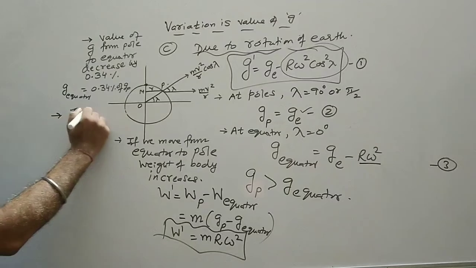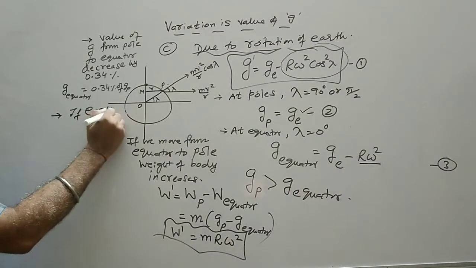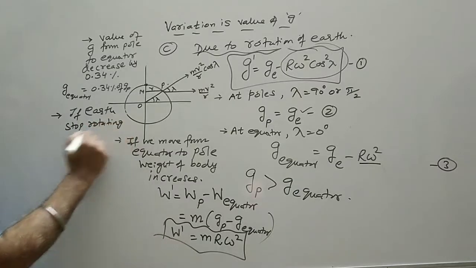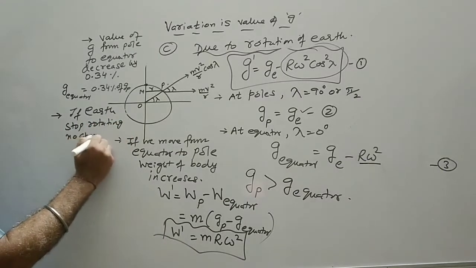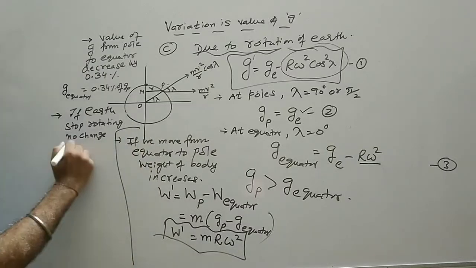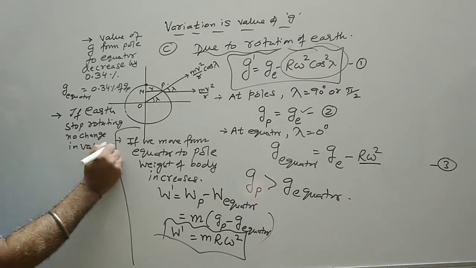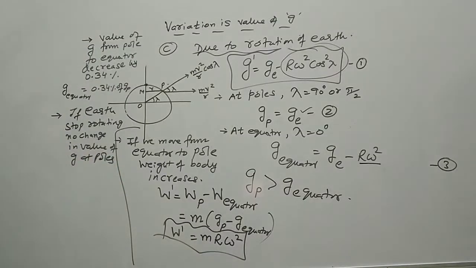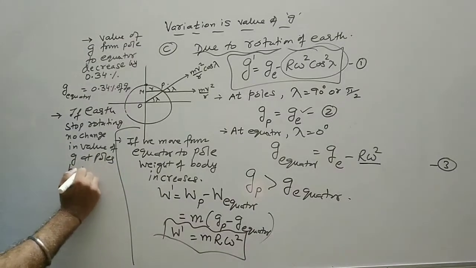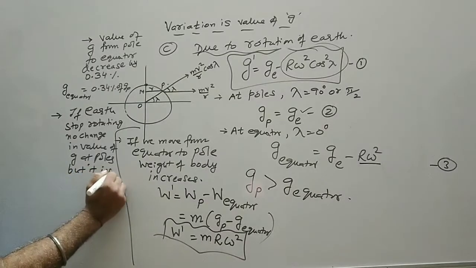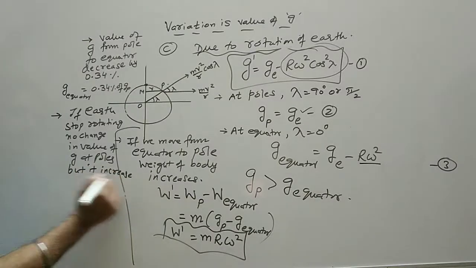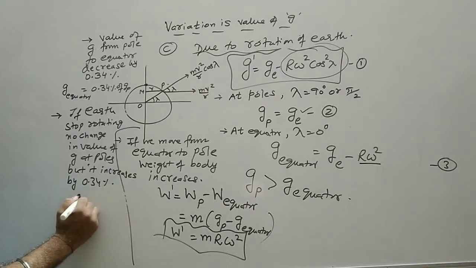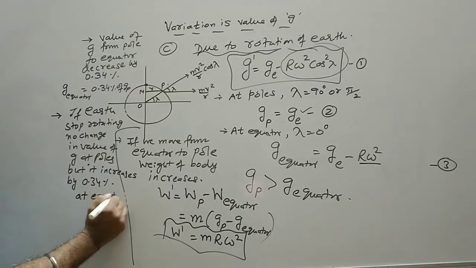So if Earth stops rotating, there is no change in the value of g at the poles, but it increases by 0.34% at the equator.